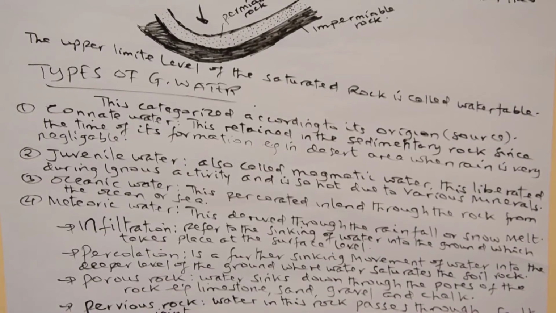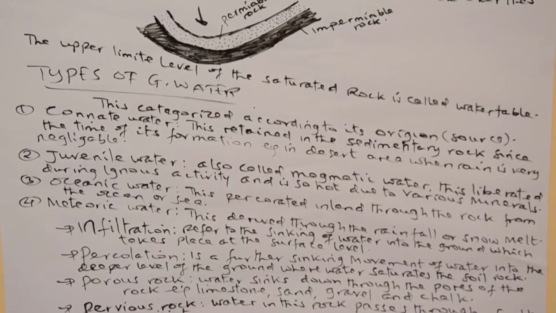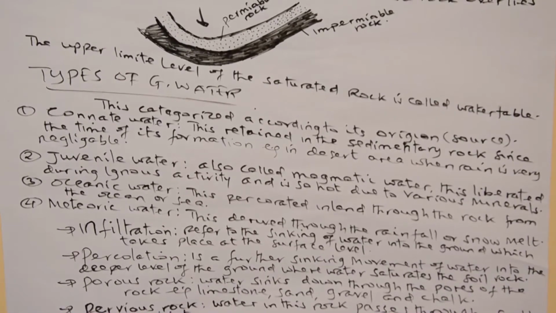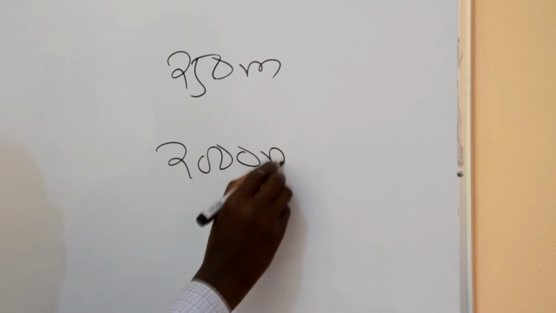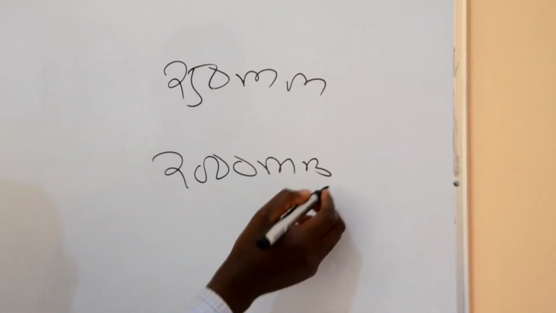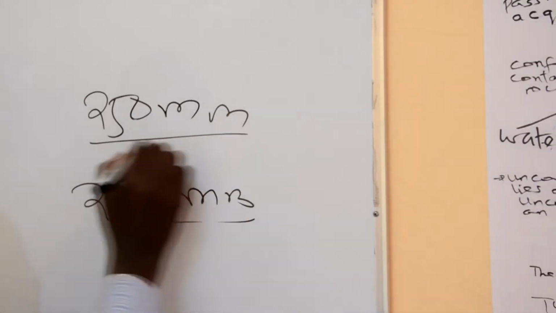Water is low in amount, because in the desert the rain is about 250 millimeters per annum, compared to the equatorial region, which receives 2000 millimeters per annum. Therefore, it is negligible in the desert, because the rain is low in nature.